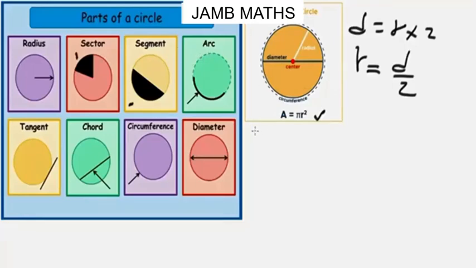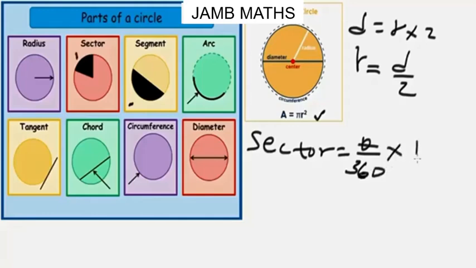Okay, so let's begin with sector. Now the area of a sector of a circle can be calculated using theta over 360 times pi r square over 1, where theta is the angle inclined in the circle.